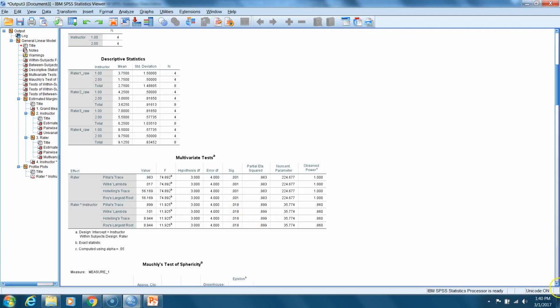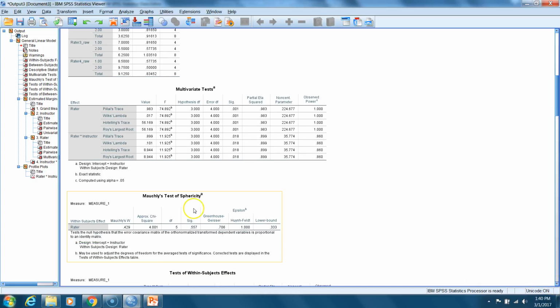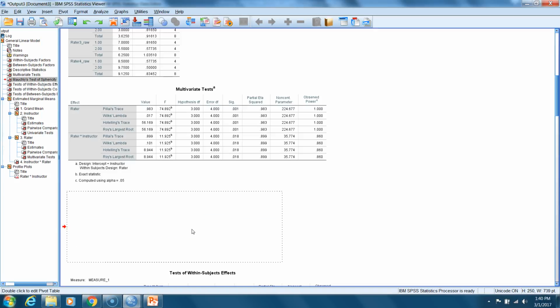This is kind of our conservative test here. So even if sphericity were violated, the multivariate test doesn't care about that assumption. However, it's nice when it's not. So for example, our test of sphericity, we can look at the chi-square value and we can see that it is not significant.